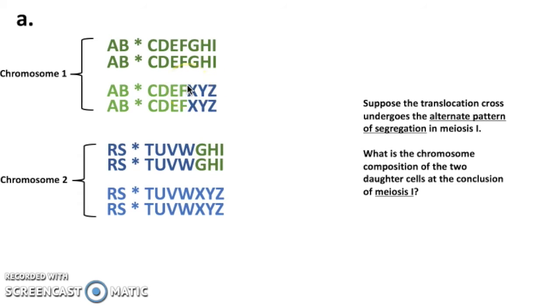A section of chromosome 1 has been swapped with a section of chromosome 2. This sister chromatid has swapped some of the material, and that's where I tried to keep it green and blue so you can see that difference.